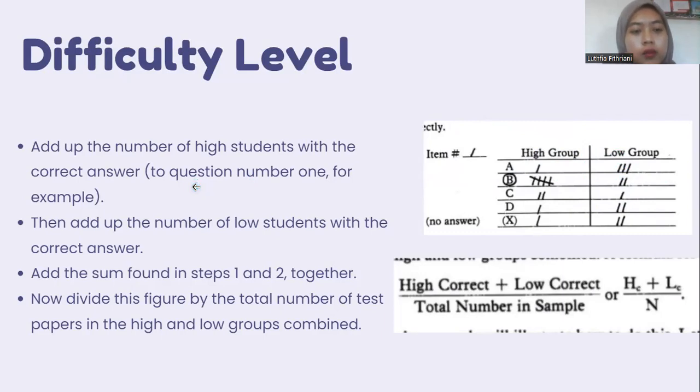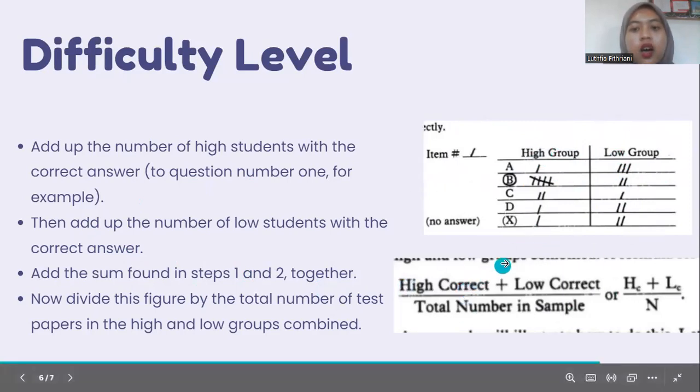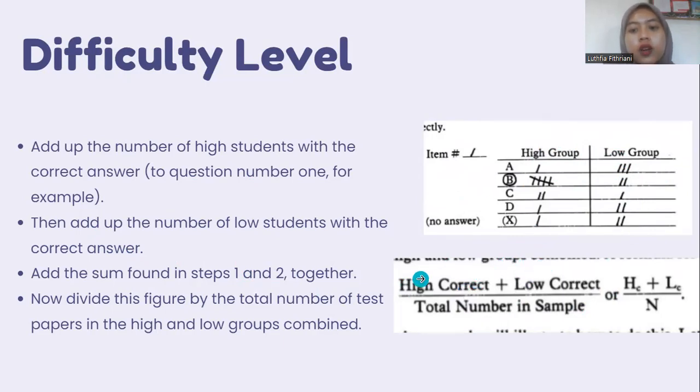And then the next step is add the sum found in step 1 and 2 together. Now divide this figure by the total number of test papers in the high and low groups combined. So after that, the teacher should use this formula: high correct plus low correct divided by total number in sample.